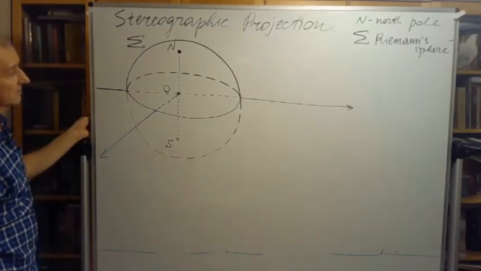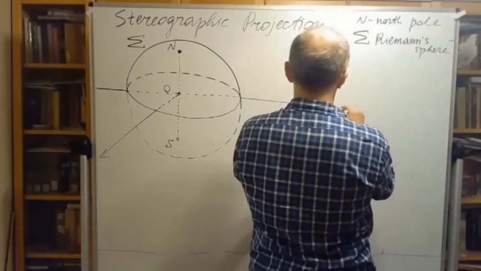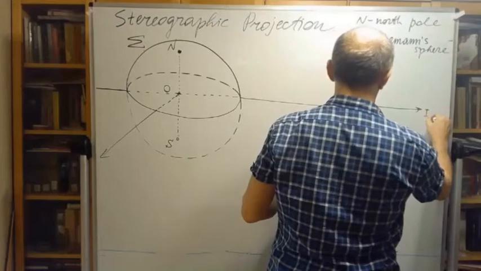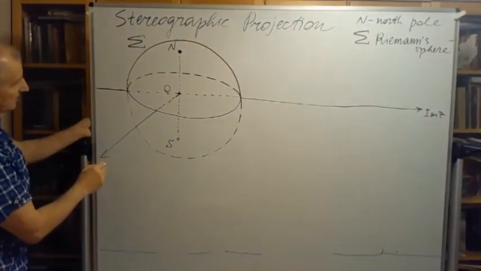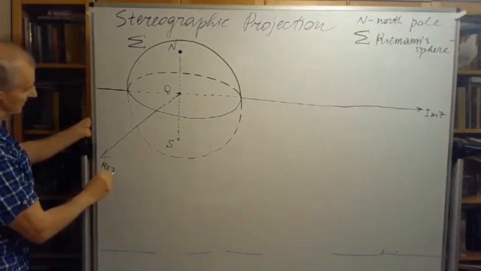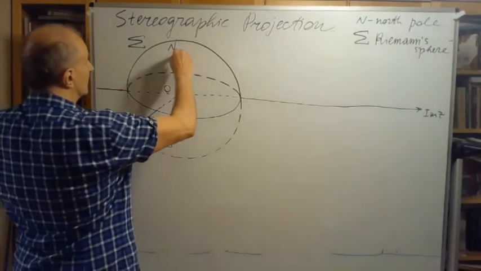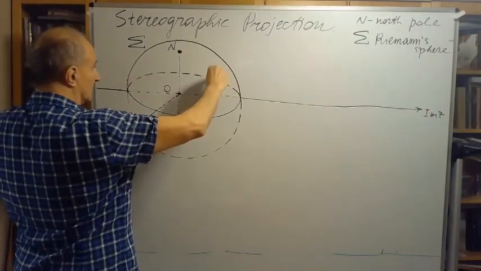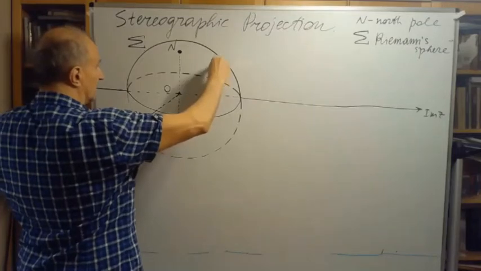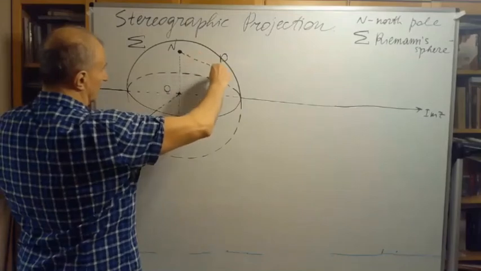Now how do we establish the connection of the sphere with the complex plane? So this is imaginary Z. This is real Z. Through every point of the sphere, we can draw a straight line connecting the north pole with this point. For instance, if I look at this point P lying on the sphere, I can draw a straight line through this point.